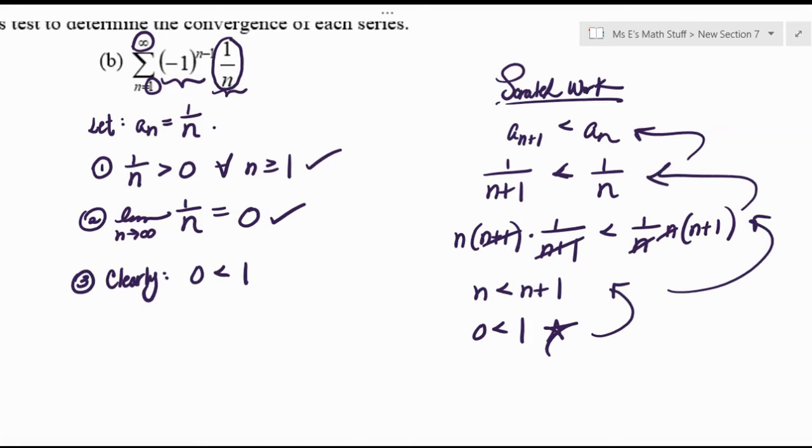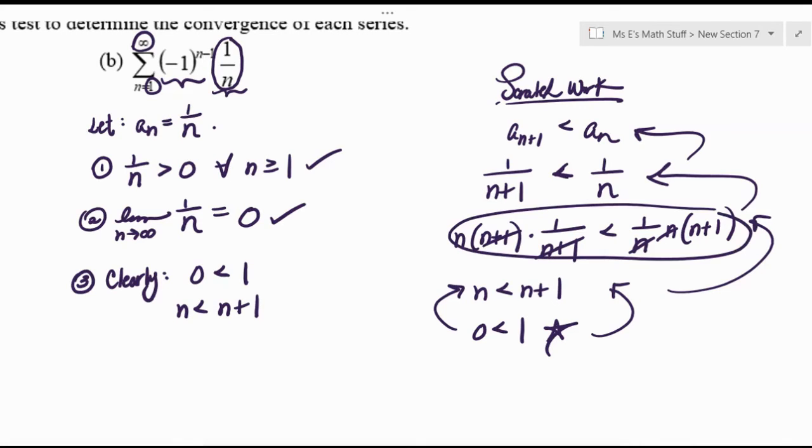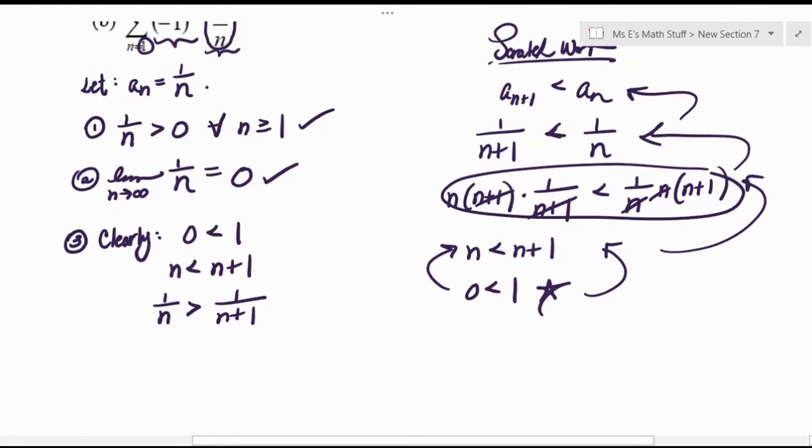And then if you add n to both sides, the inequality would still hold true. So see how I'm just working my way up, right? And then I personally don't like to do this multiplication garbage. I really like to just reciprocate both sides and flip the inequality sign. So 1 over n would be greater than 1 over n plus 1. And why is that okay? Because if you divide by a bigger number, you get a smaller number. That's why. Anyway, so hopefully that makes sense.